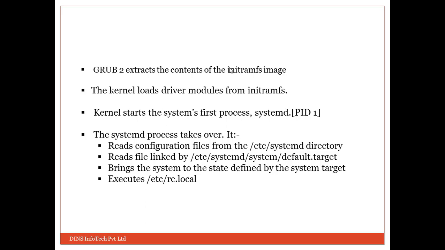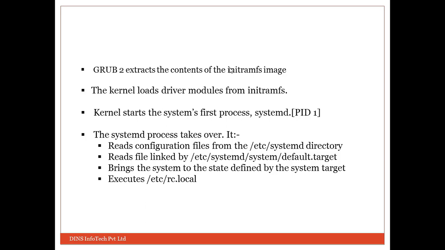So what configuration files does it execute? First it reads configuration files from the /etc/systemd directory, which have information about the system configuration. Then it reads the file linked by /etc/systemd/system/default.target.